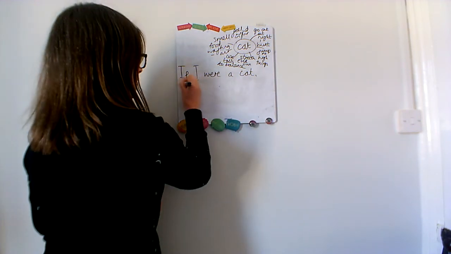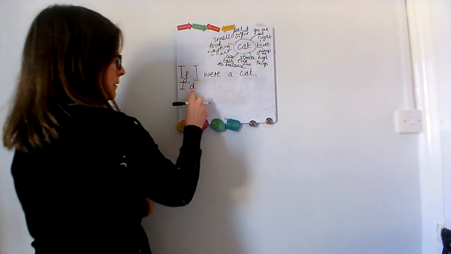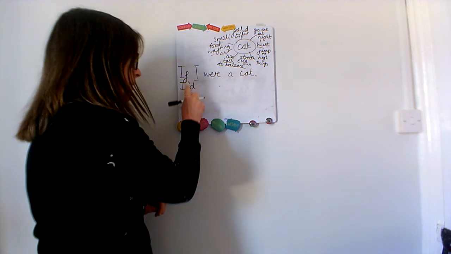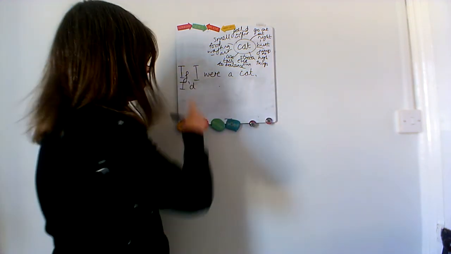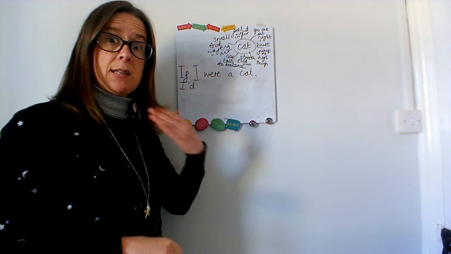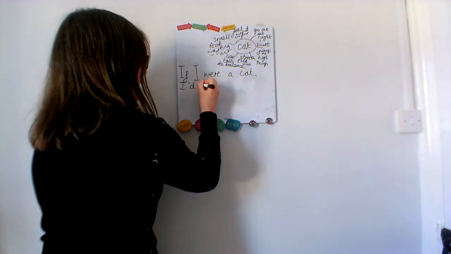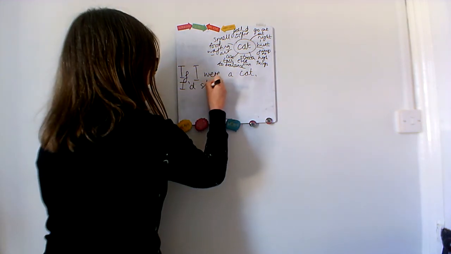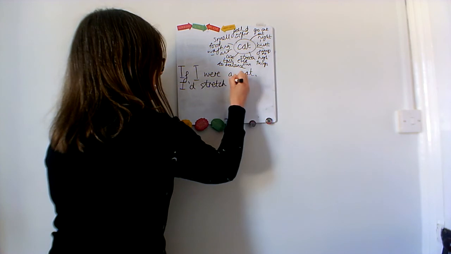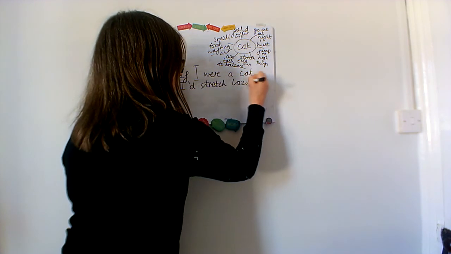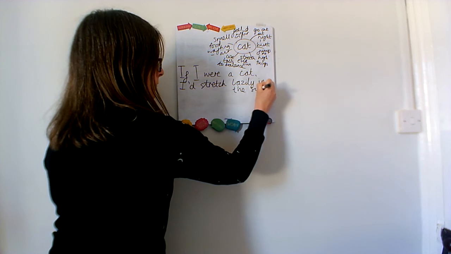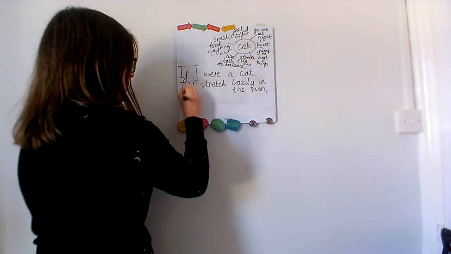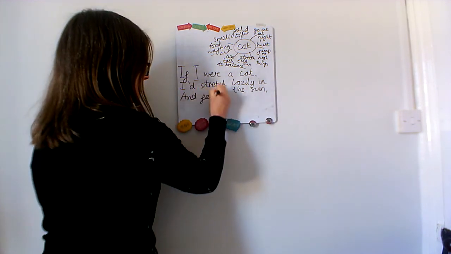If I were a cat, I would. I'm going to use apostrophe D because I think it makes my line read better. But if you read it back and you thought, oh, it sounds better, I would, then do that. If I were a cat, I'd stretch lazily in, I haven't got space to keep going, so I'm just going to write it here, and feel, what would I feel?